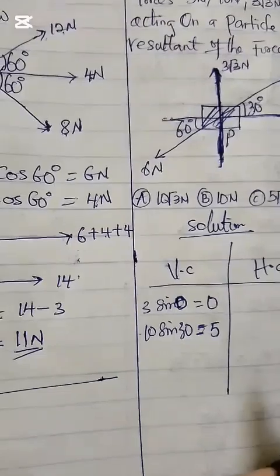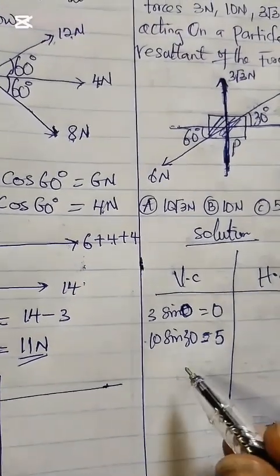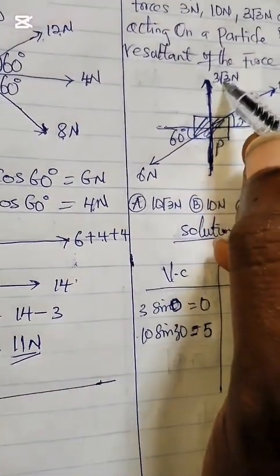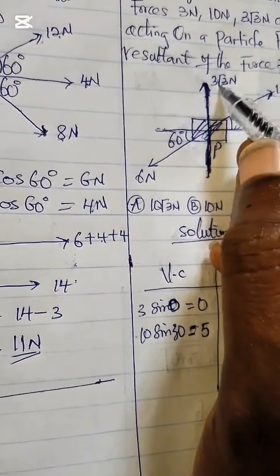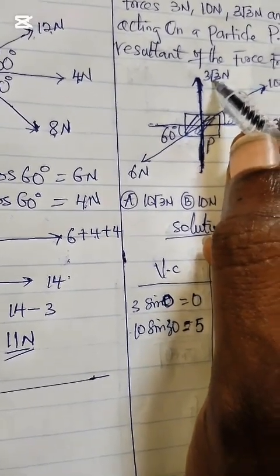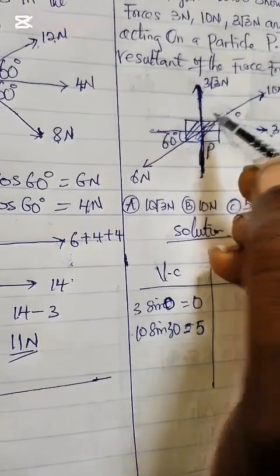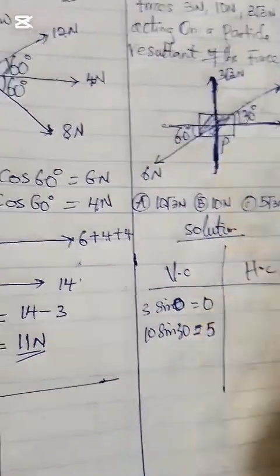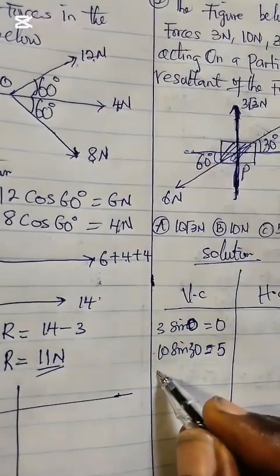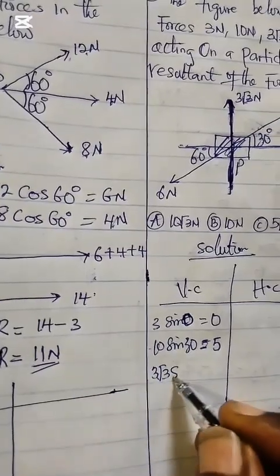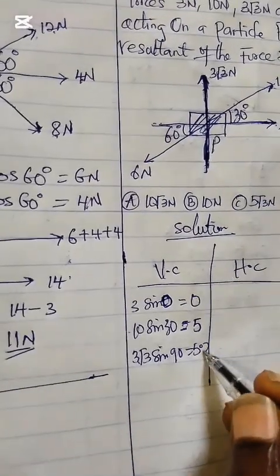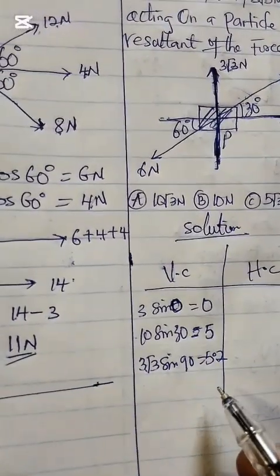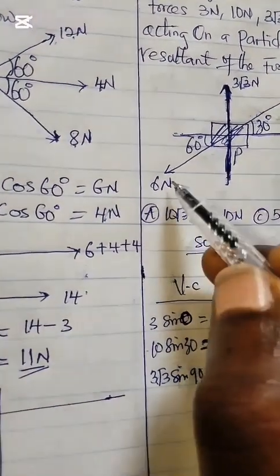I've resolved that. Then the next one I have here is 3 root 3 Newton. What is 3 root 3 Newton? 3 root 3 Newton is something like 5.2. Then 5.2 sine 90 will give me 5.2 because sine 90 is 1. So 3 root 3 sine 90 is equal to 5.2.